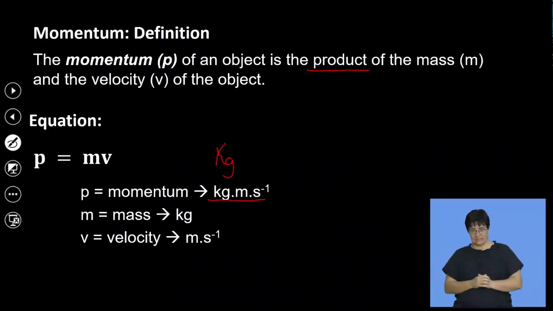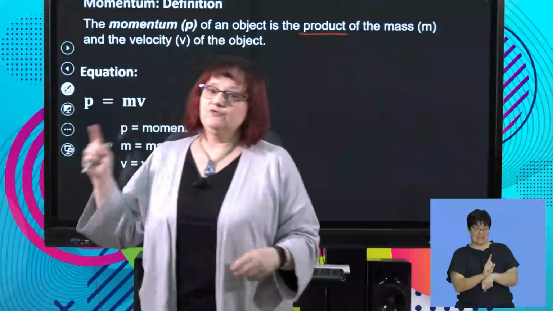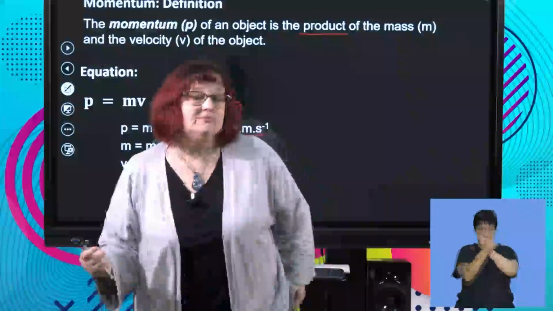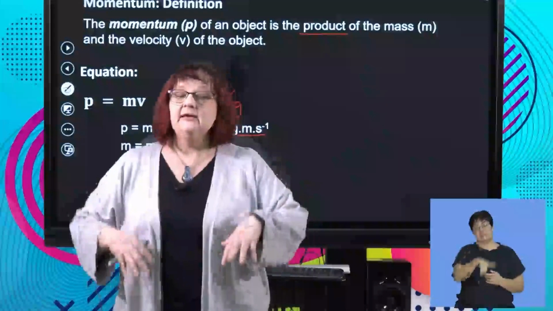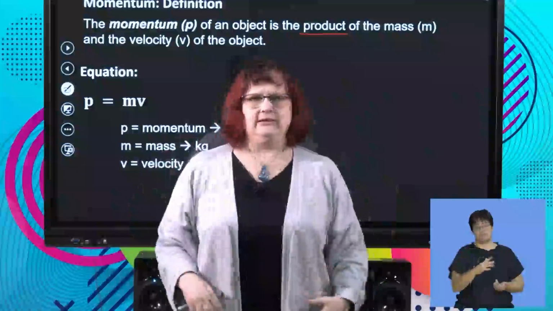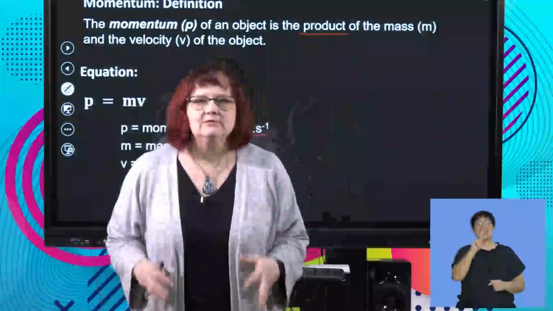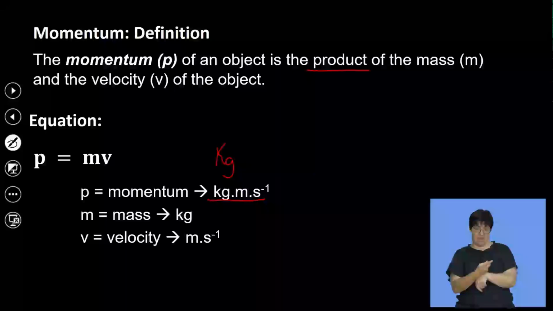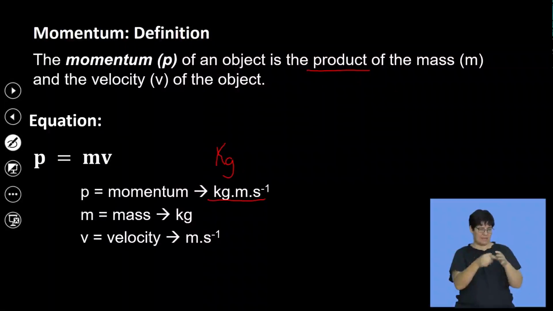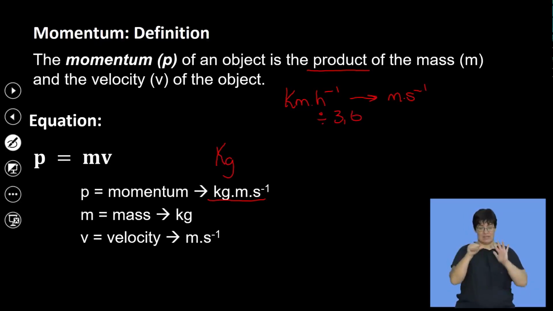Velocity is in meters per second. That also means you've got to remember how to convert, because sometimes they're going to give you the velocity in kilometers per hour. Just a quick aside: to go from kilometers per hour to meters per second, you must divide by 3.6.